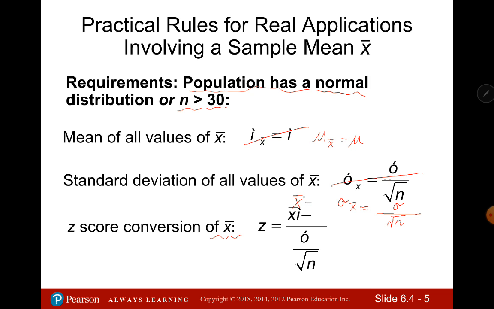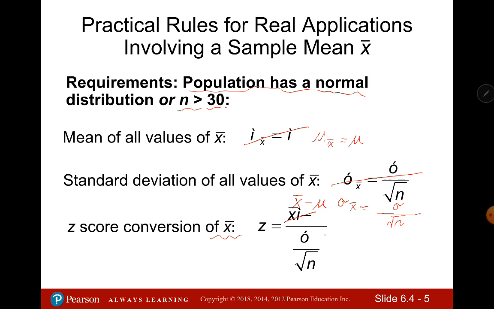So here, this is the single value of sample mean, x bar, minus the mu value. That's the population mean, because it's just the mean value of all the sample means. So this x bar is the single x value, and this mu is the mean of all the x bars.